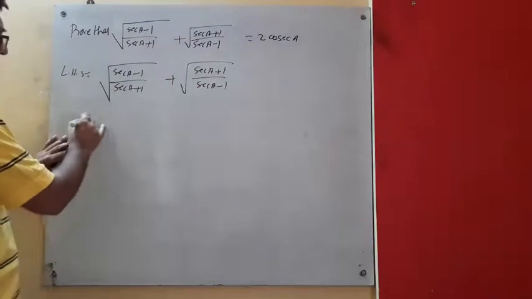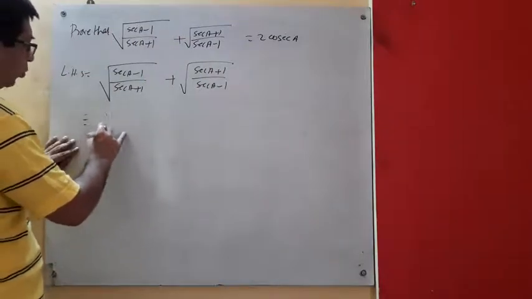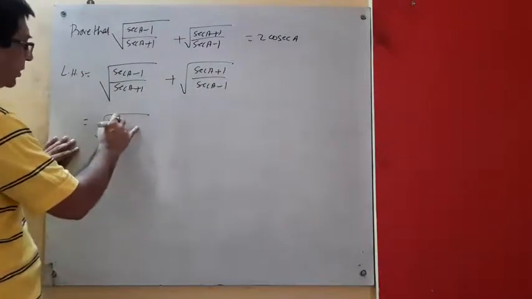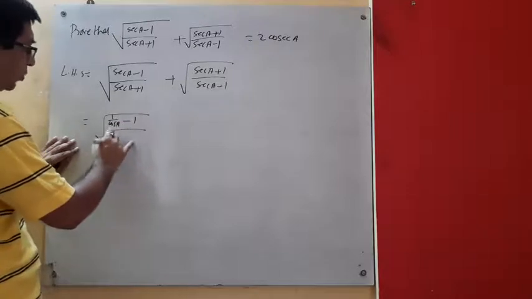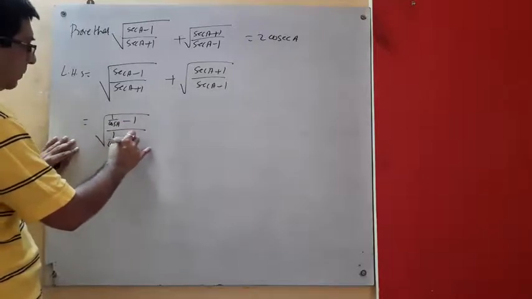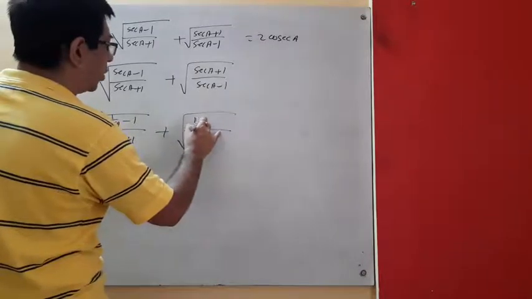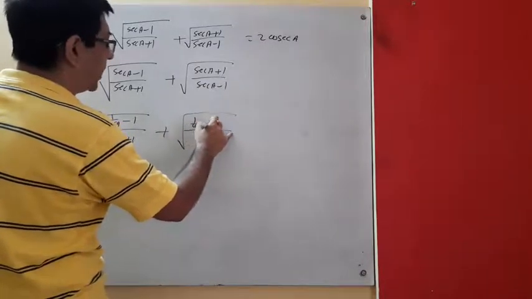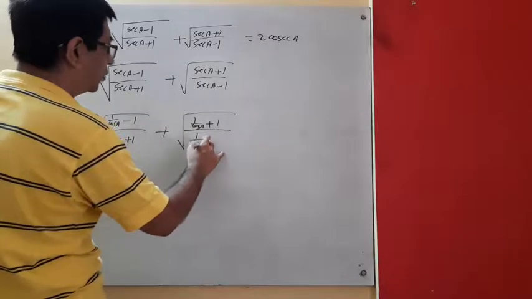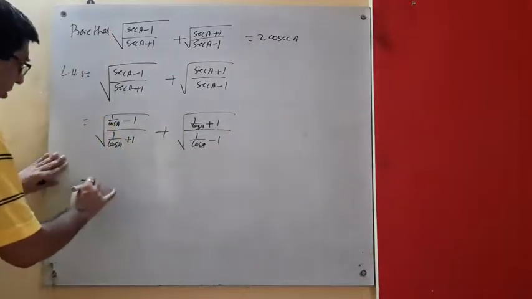That is, sec A means 1 by cos A. So we write 1 by cos A minus 1 by 1 by cos A plus 1, and 1 by cos A plus 1 by 1 by cos A minus 1. What are we writing?